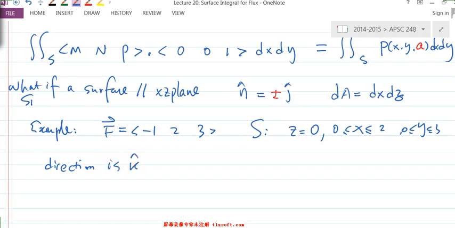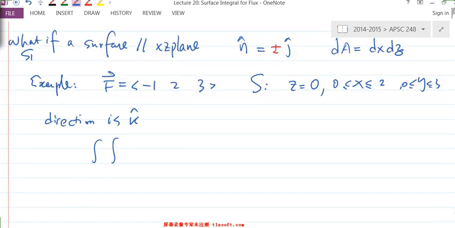So what do we mean? It basically means we need the flux in the positive z axis. F is a constant field, so (-1, 2, 3) dotted with n hat, and n hat is k hat, so (0, 0, 1).